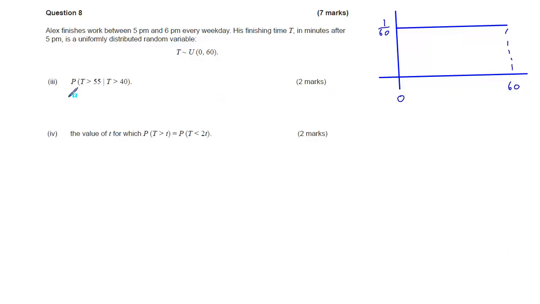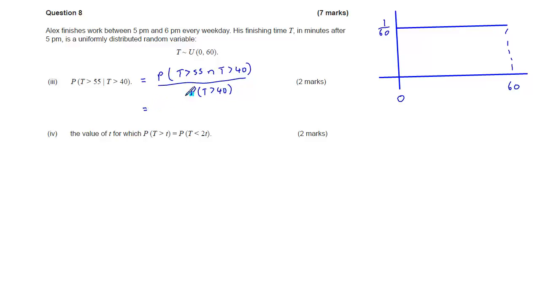Now we want the probability that t is greater than 55 given that t is greater than 40. So that's equal to the probability that t is greater than 55 and t is greater than 40, divided by the probability that t is greater than 40.